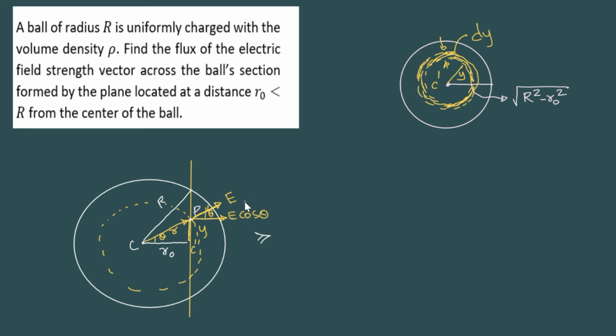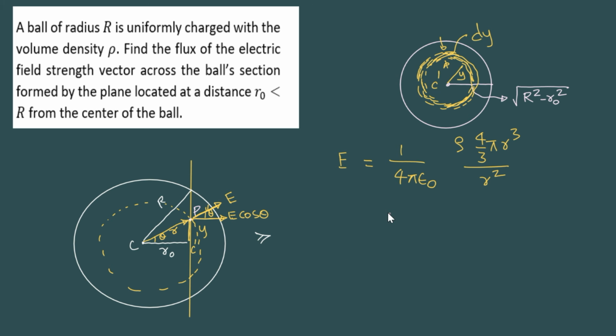Now, how do I get this electric field E? This E will be 1 by 4 pi epsilon naught times the charge within that sphere, within radius small r. That would be density times 4 by 3 pi r cube, divided by r square.